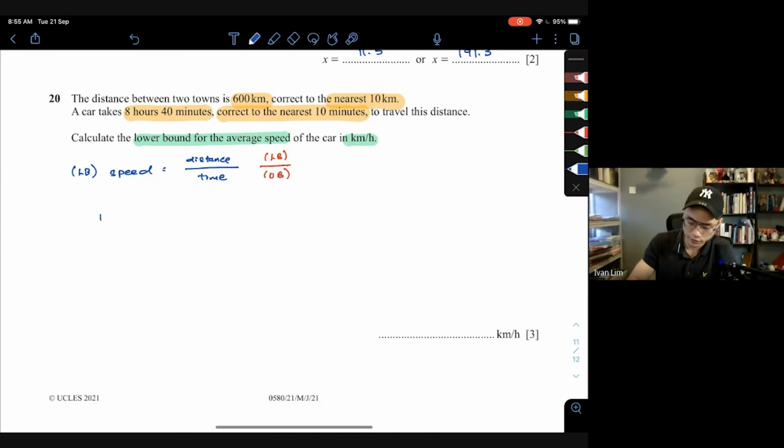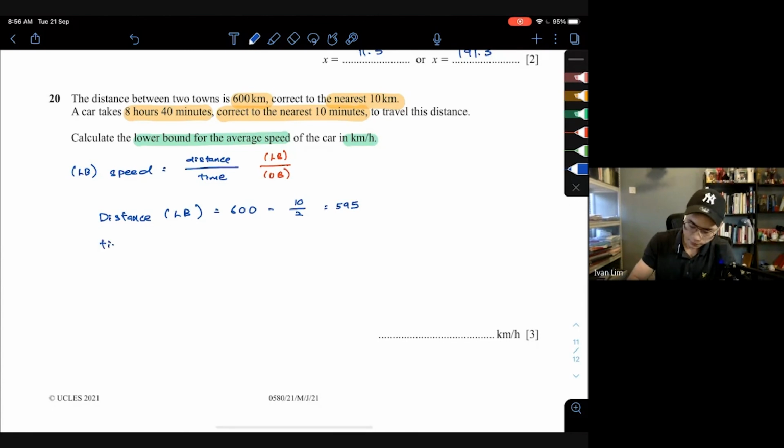So let's find the distance lower bound first. They say 600 km, correct to the nearest 10 km. So 600 minus 10 divided by 2. You just take the nearest whatever value it is, you divide by 2. So 600 minus 10 divided by 2 will be 595.